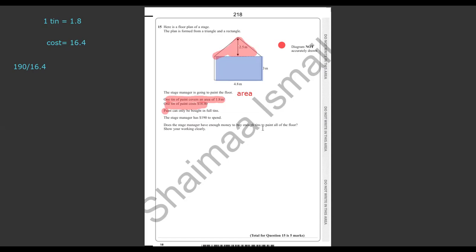Okay, so here we have to get the area first. We have two areas here. We have area 1, the red one, which will be equal to 2.5 by 4.8 multiplied by half, which is the triangle's area. Then we have area 2, which is clearly 3 multiplied by 4.8.